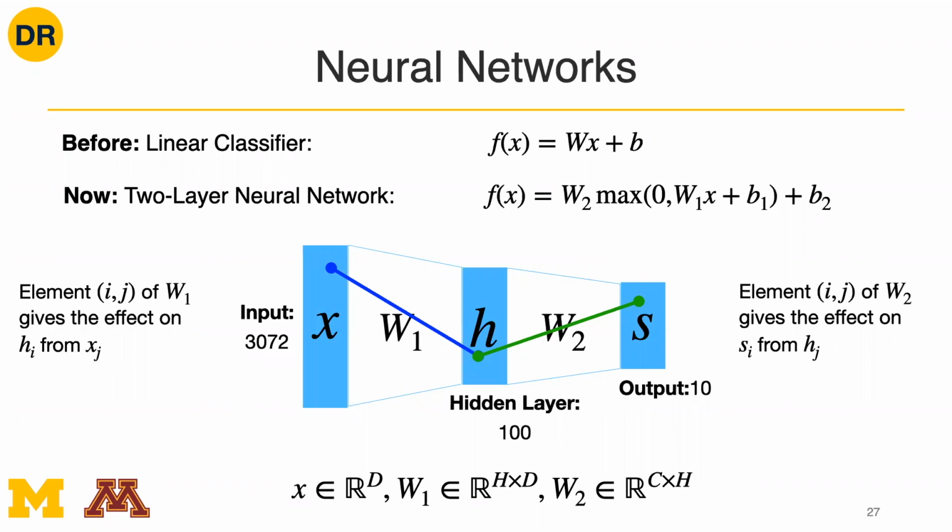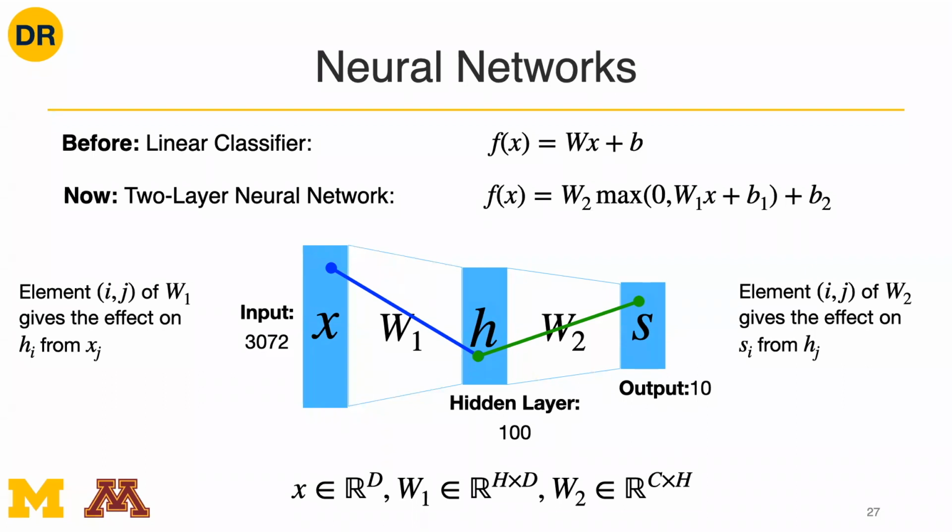If you pick one of them, let's say on the left side, the element i,j of W1 has an effect on h_i, like how much x_j influences h_i. Similarly on the other side as well.